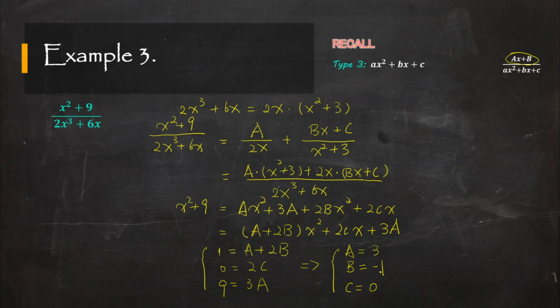So let me rewrite this expression. We plug all three values into each variable. So this one is going to be x squared plus 9 over 2x third plus 6x is equal to 3 over 2x plus a -1x plus 0 over x squared plus 3.